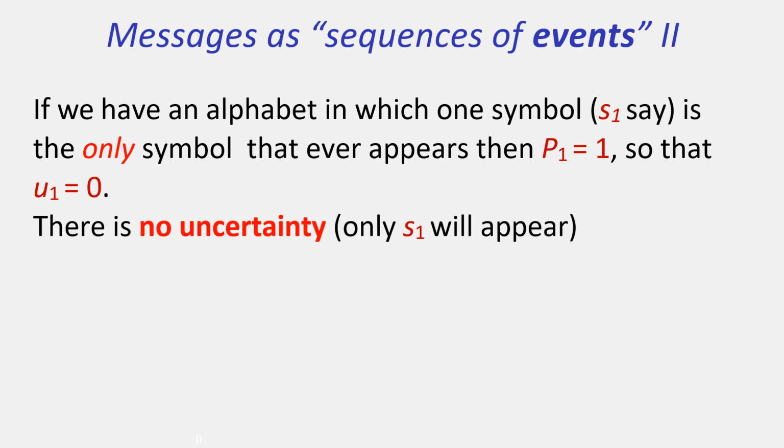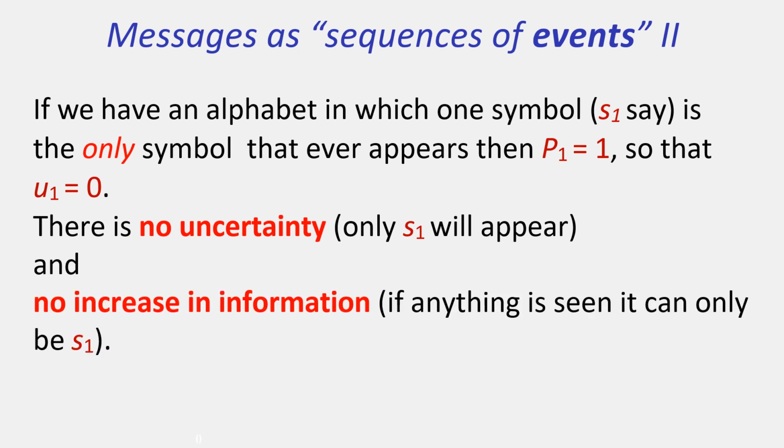What's that saying? It's saying there is no uncertainty because the only symbol we are ever going to see is S sub 1. And it also means we don't gain any increase in information. If we see anything at all, it is only going to be the one symbol in the alphabet.